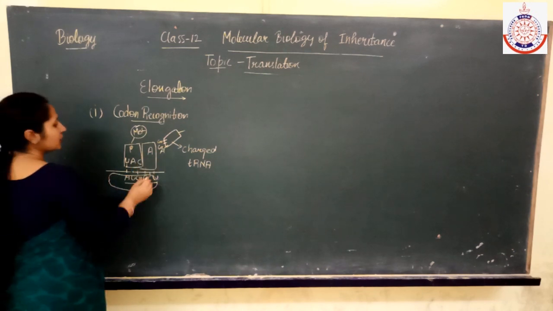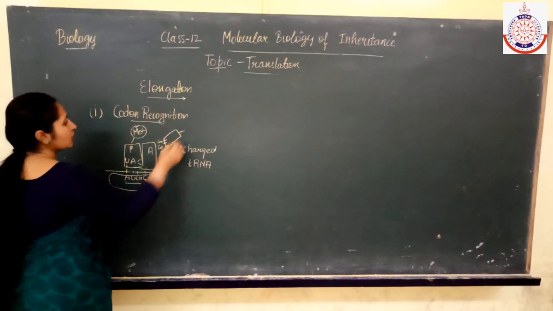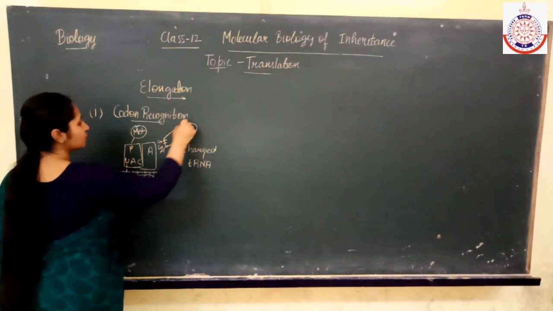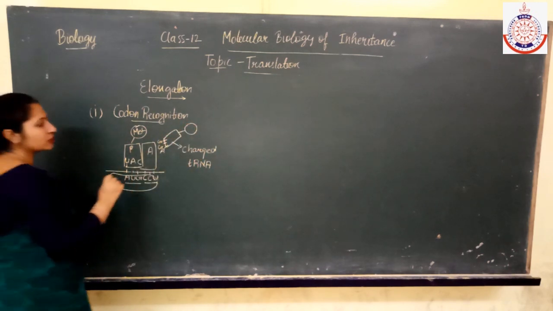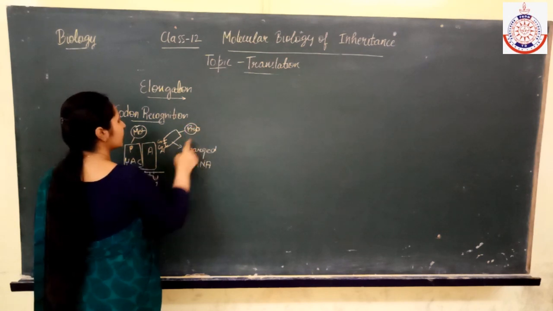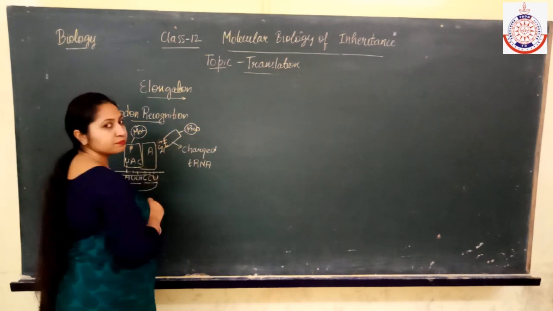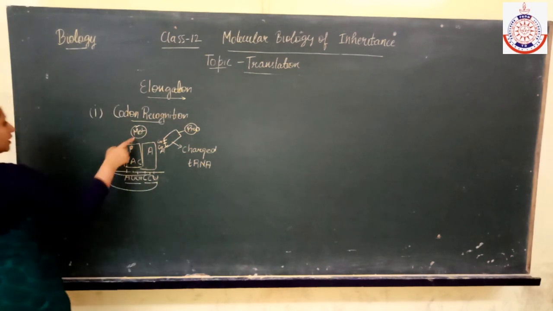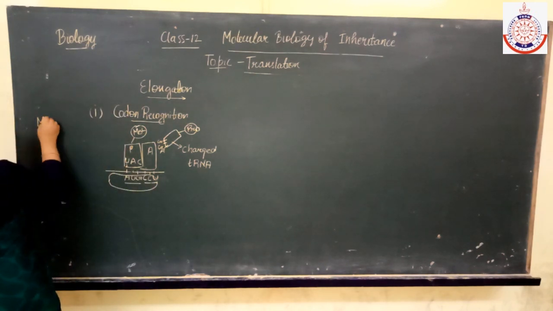When the codon is CCU, the amino acid which will bind with this tRNA molecule will be proline. So I am writing here PRO. Here this is methionine.